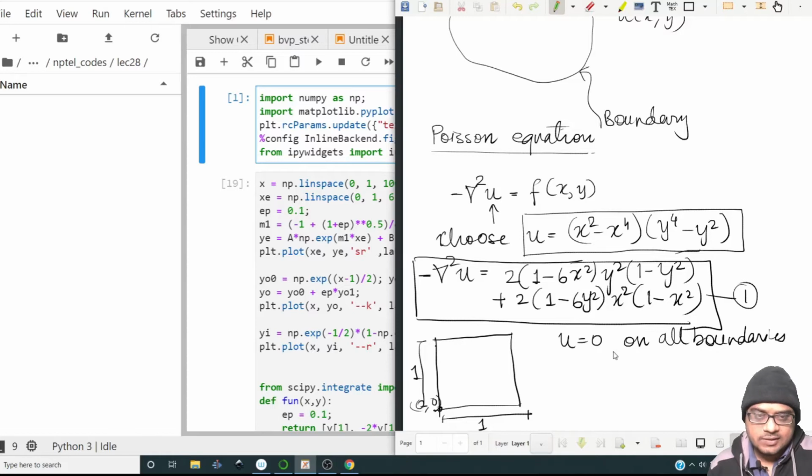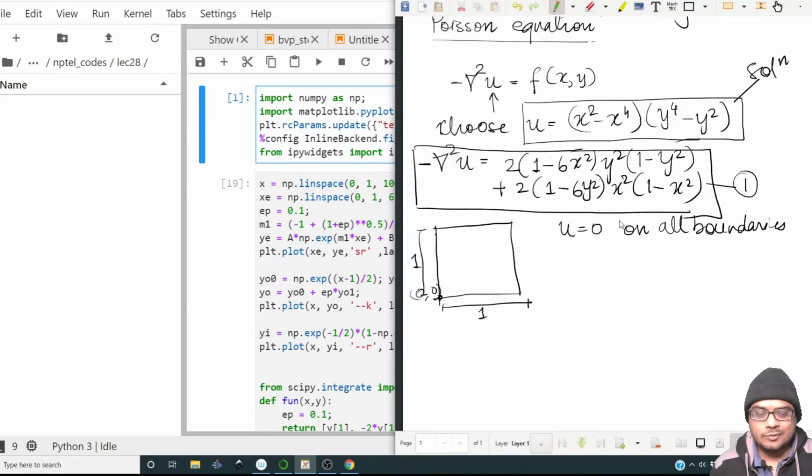And if this is the case, then the solution is given by this. We've taken some form of u and figured out what the governing equation should be, but this is just to eventually match it with the numerical solution. So that's the problem we have, solving this Poisson equation.